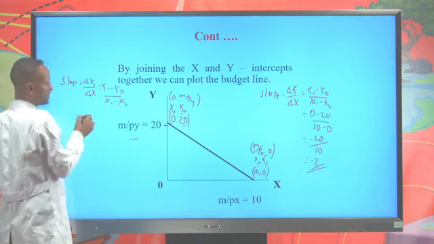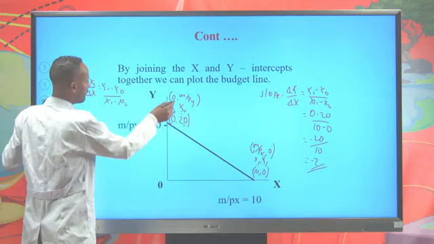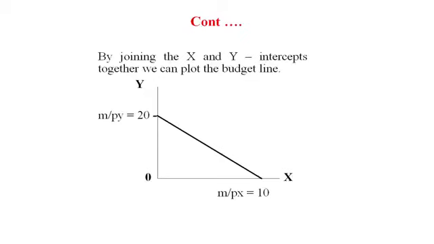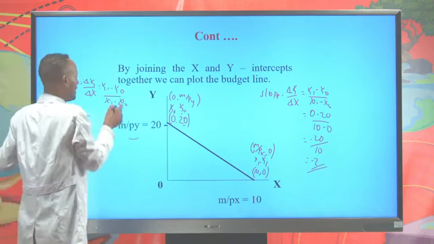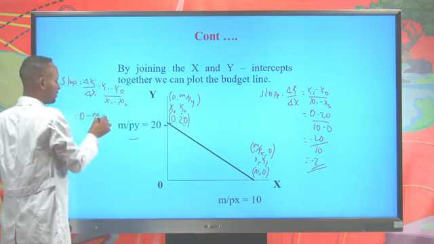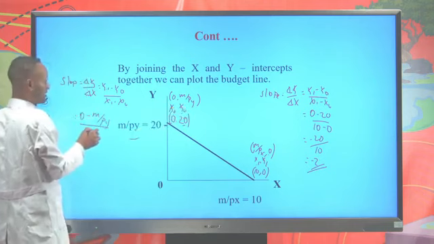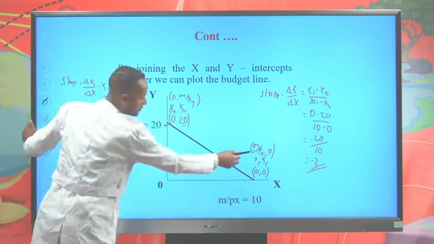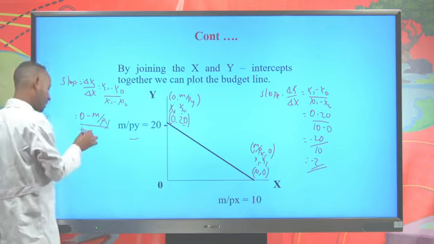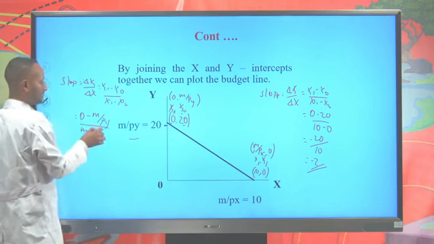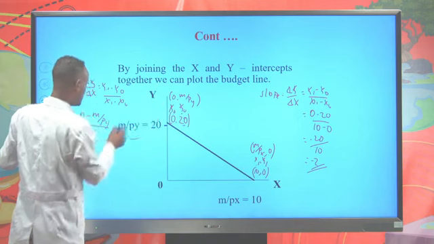So from this information, y final is 0 and y initial is m over price of y, and x final is m over price of x minus x initial, which is 0.